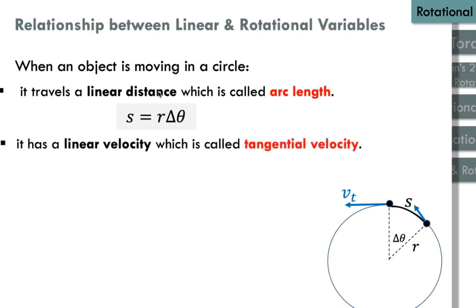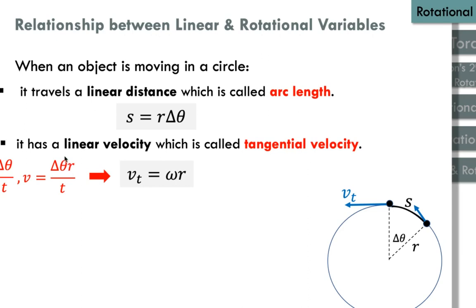Our linear or translational velocity, which we said was a constant magnitude, we can determine by taking delta theta, multiplying by the radius of the circle in meters, and dividing by the time it takes to travel that delta theta.